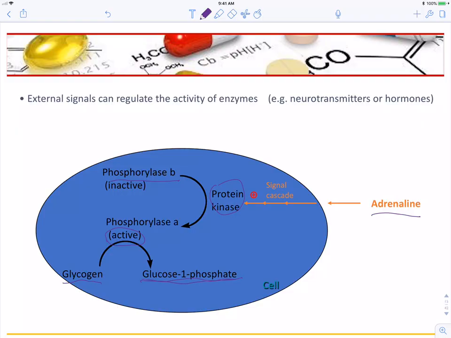In other words, phosphorylase A is the active form, produced by phosphorylation of the inactive form, which is called phosphorylase B. This phosphorylation happens through a protein kinase, and the protein kinase in turn is activated by a signal cascade, which ultimately is triggered by the release of adrenaline in the bloodstream.